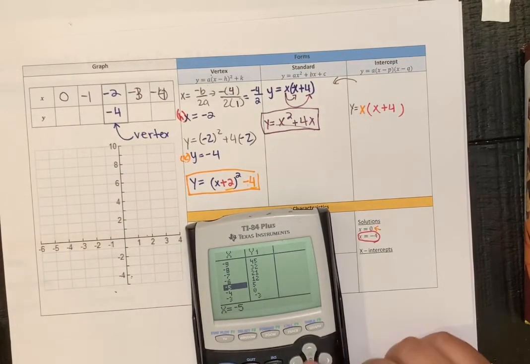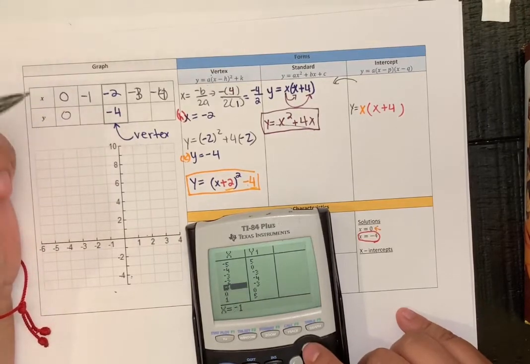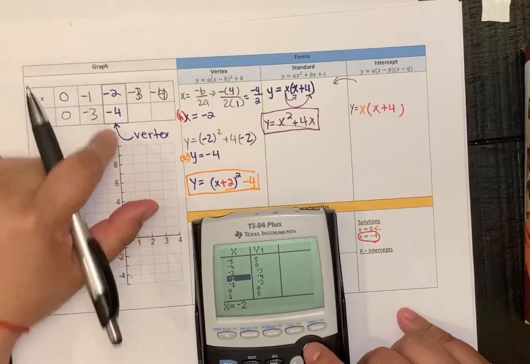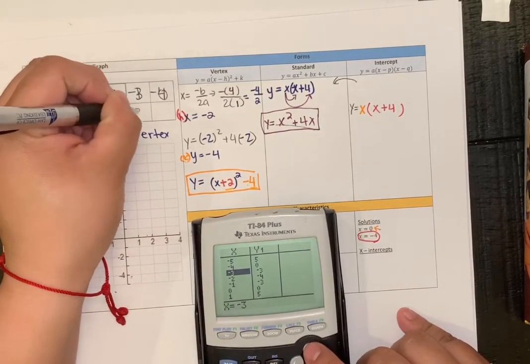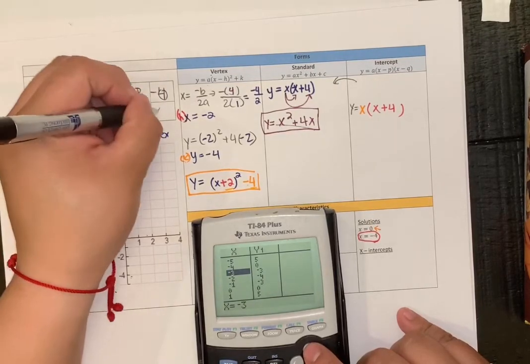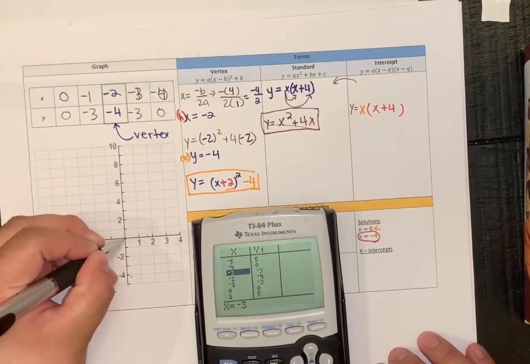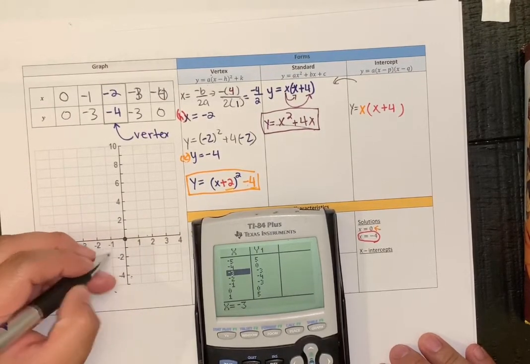All right. So here, when x is 0, y is 0. When x is negative 1, it's negative 3. When x is negative 2, it's negative 4, which we already have. Negative 3 is negative 3, and negative 4 is 0. I can go ahead and graph that. 0, 0 is in the center. Negative 1 is with negative 3.